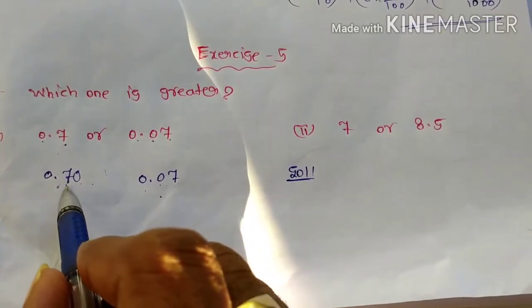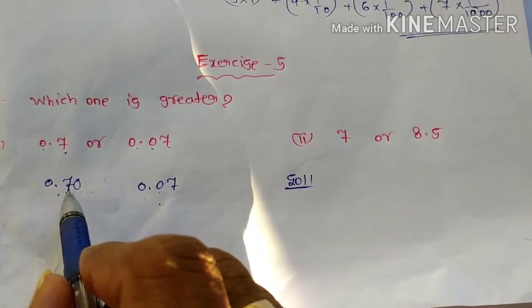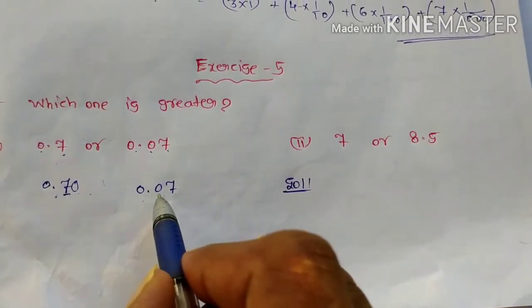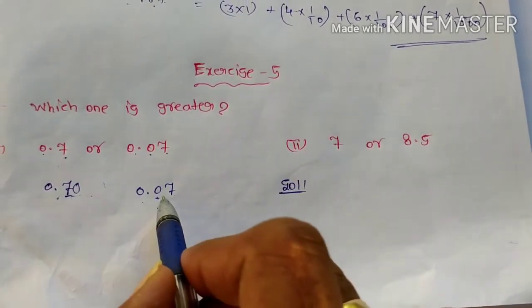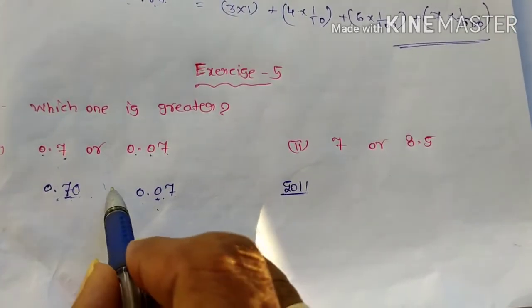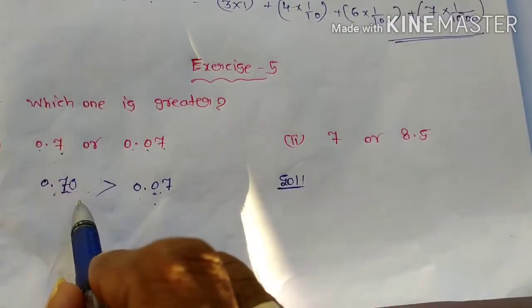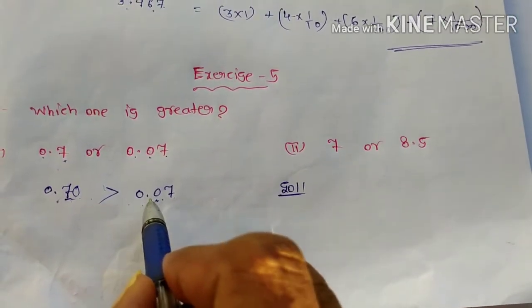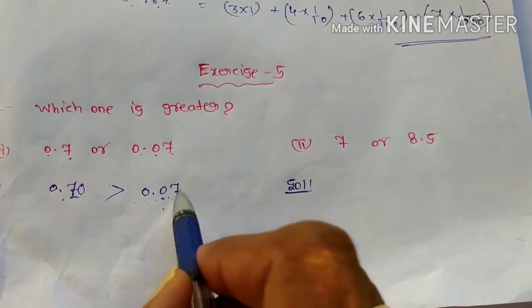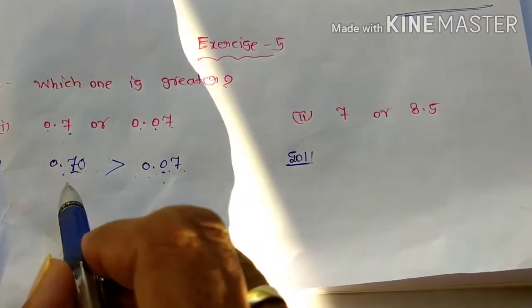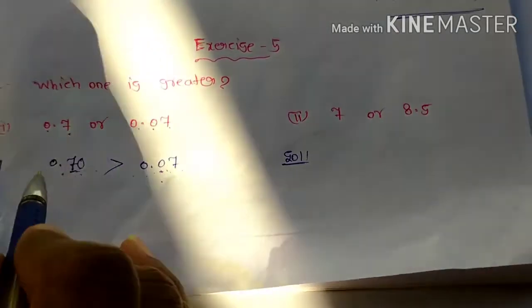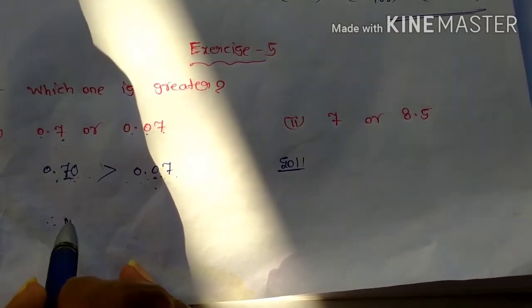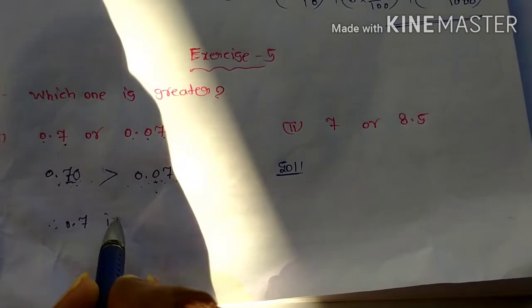Now you can see what is the tenth place here. Tenth place is 7, here the tenth place is 0. Now 7 is the greater one, 0 is smaller, 7 only is greater. That means you can write 0.70 is greater than 0.07. That means your answer is how much? The greater one is 0.70 only. Therefore 0.7 is greater.